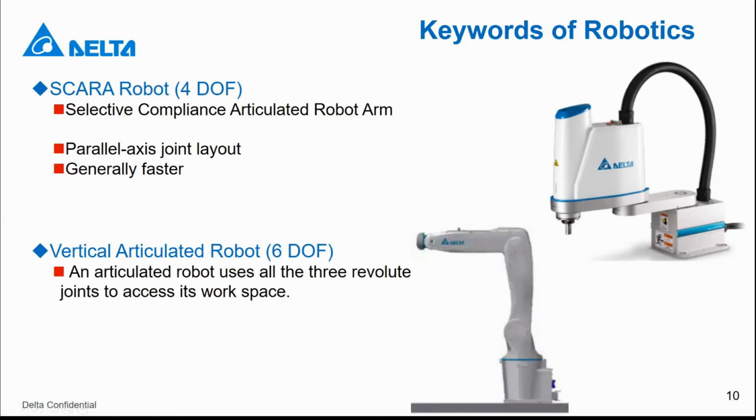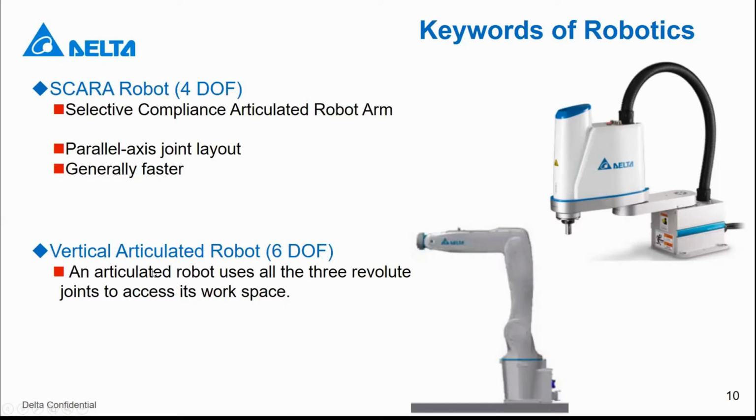That's why we say it's selective, because only the XY plane has compliance, not all directions, like Z. It usually has a parallel axis joint layout, like the picture you see. All the axes are parallel, and generally it will be faster because of its design.